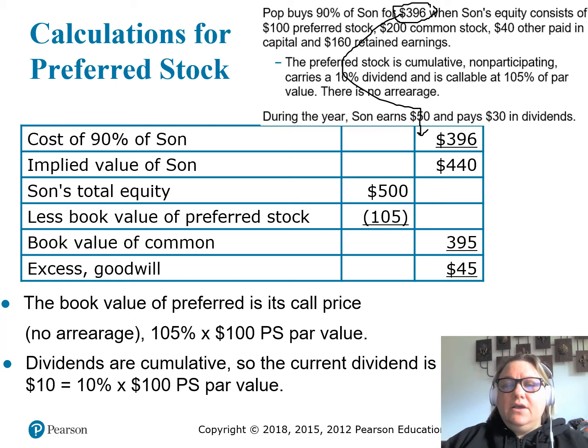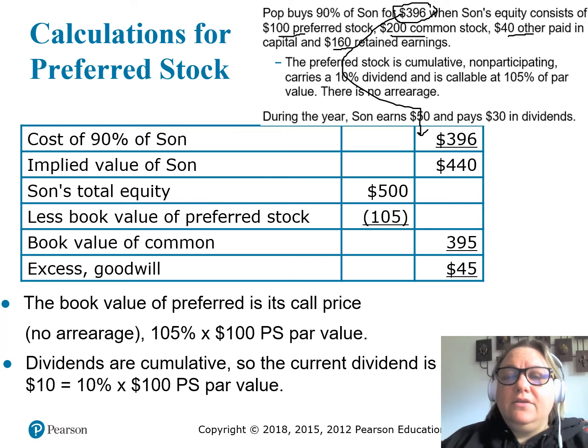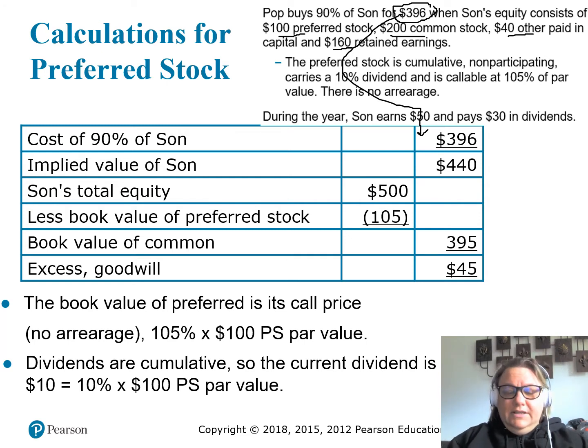Okay. Now let's get to some of the other stuff. So the total equity. The total equity is going to be two things. It's going to be the value of the common stock, plus the preferred, plus the other paid in capital, plus the retained earnings. That's all of it. So don't make it too hard. You know you've looked at a balance sheet before and seen total equity.